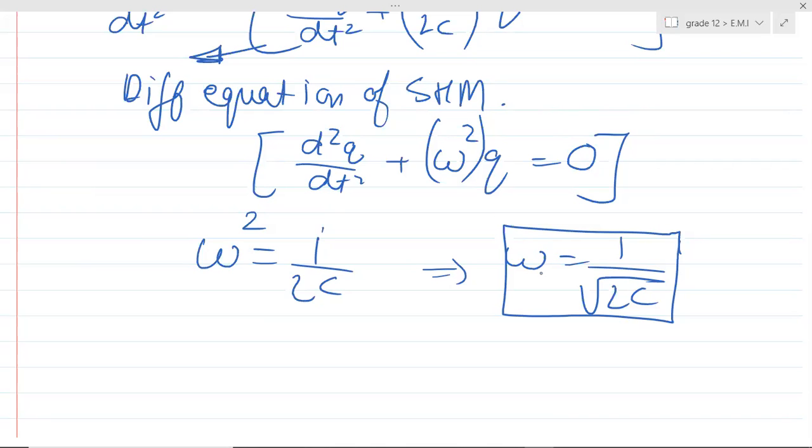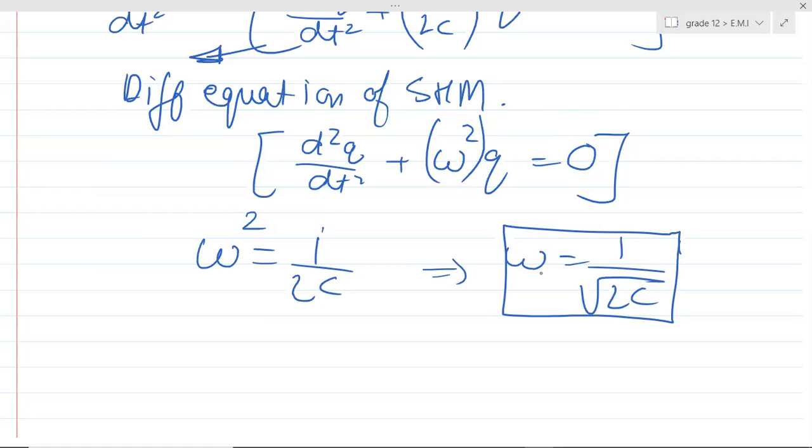No battery, no resonance. Resonance happens when it's an AC supply, where the source is also sinusoidal. The source also vibrates at a certain frequency in the case of resonance. Here, though, there is no external source.